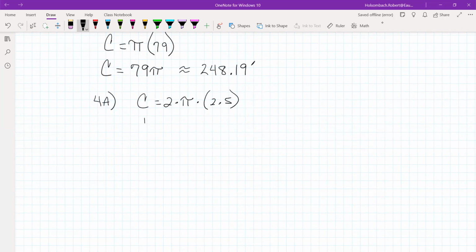So in terms of pi, our circumference is equal to, you take the 2 times the 2.5, which is 5 pi. There's your answer in terms of pi. Now in the calculator, you take 5 times pi button and hit equals. You should get 15.71.